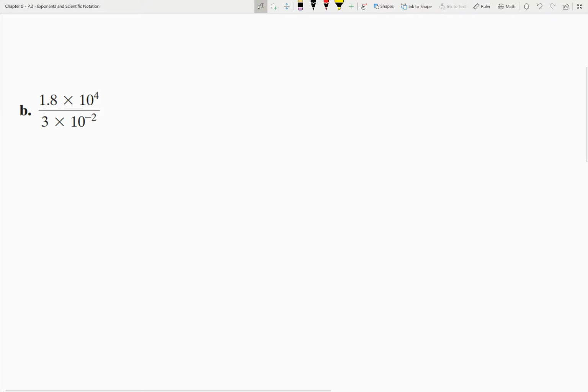So you can take the 1.8 divided by 3 and get a 0.6. So this would be 0.6 times 10, 10 to the fourth over negative 2 gives me 10 squared. 0.6 is not between 1 and 10.